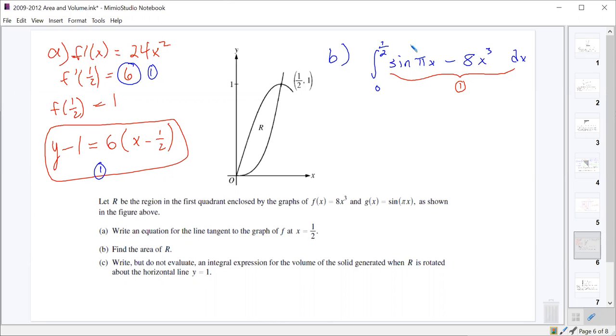So with sine pi x, we should be getting pretty comfortable with these very simple u substitutions. What does the integral of sine pi x come out to be? Should be negative 1 over pi cosine pi x. And what's the integral of 8x cubed?